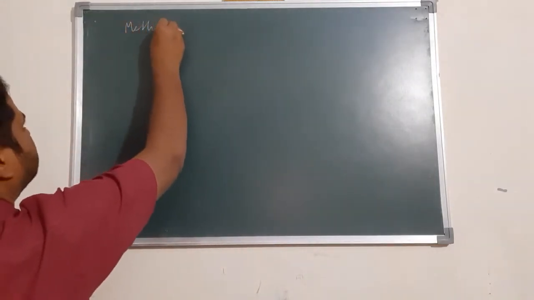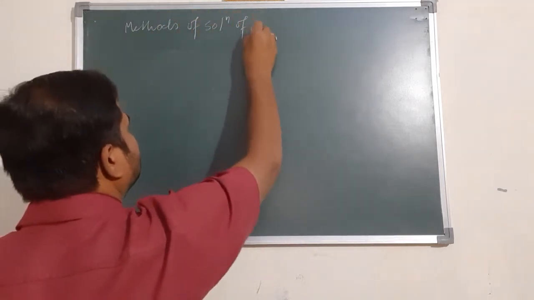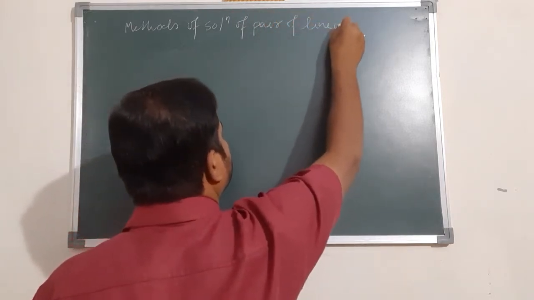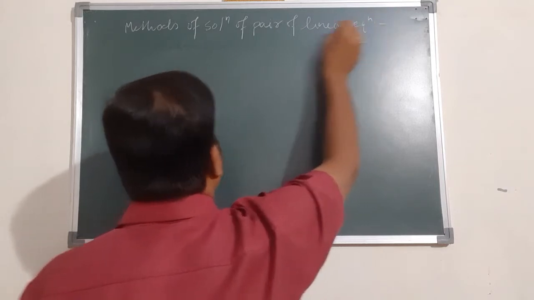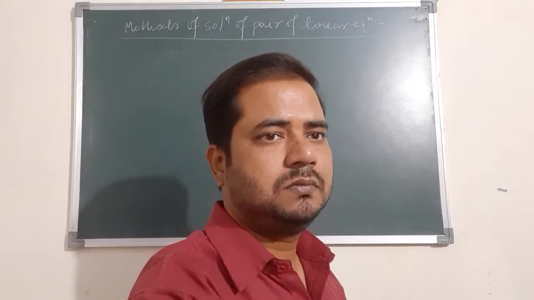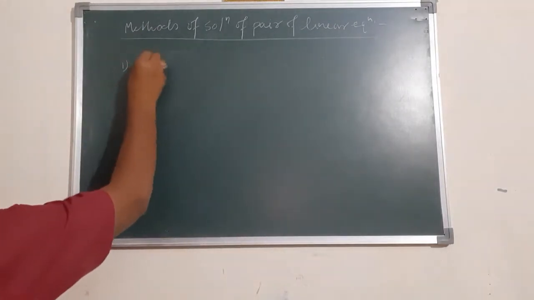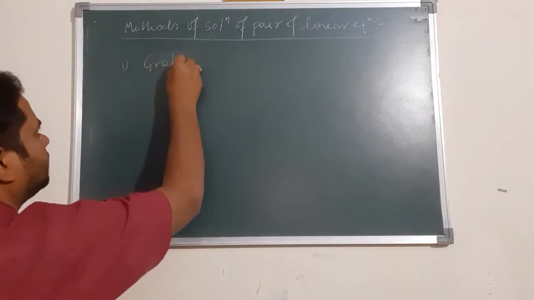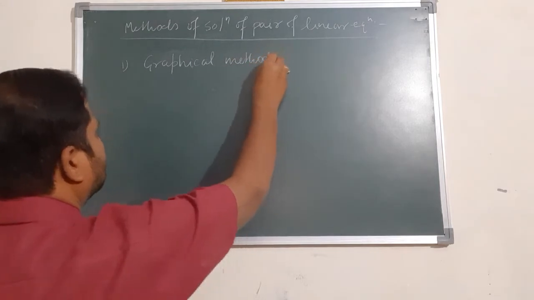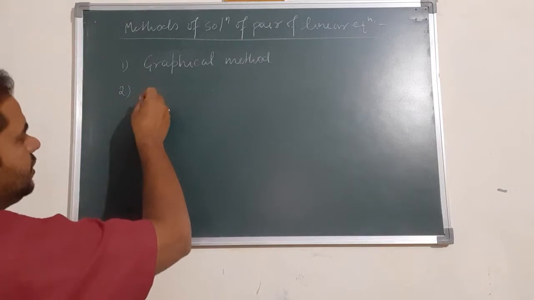Method of solution of pair of linear equation. There are four methods. First one, graphical method. Second, algebraic method. In algebraic method there are three methods.